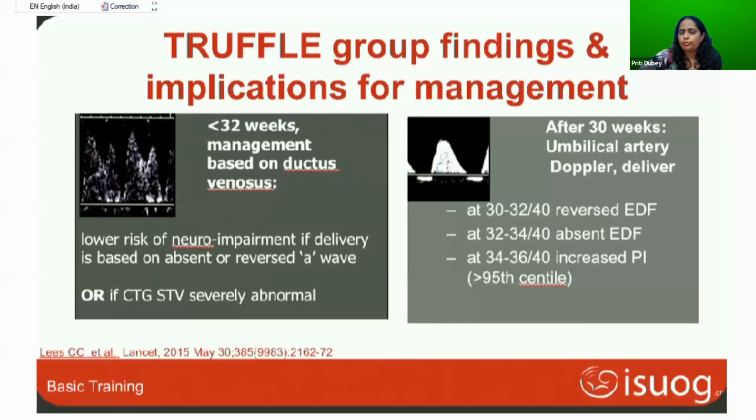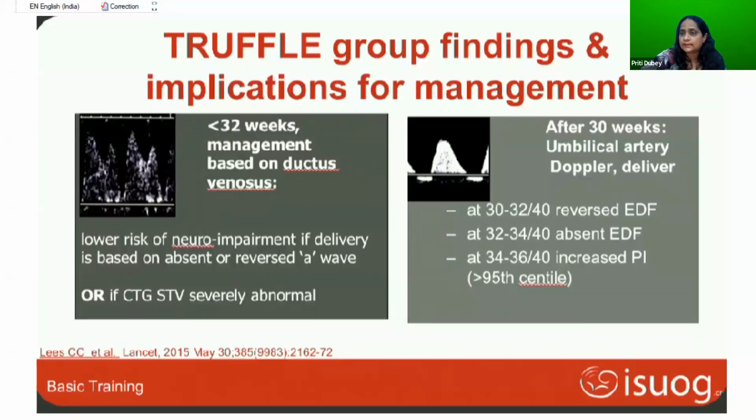This is the TRUFFLE group, which has given this finding and its implication in management. Whenever the fetus is less than 32 weeks in the early FGR group, based on ductus venosus, you have to monitor umbilical, MCA as well as ductus.